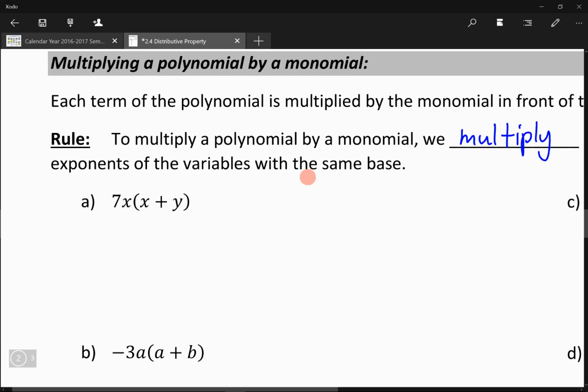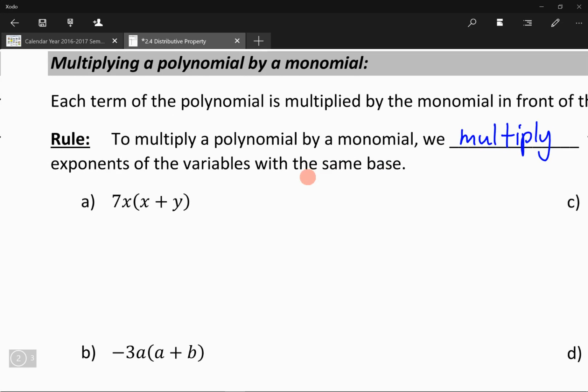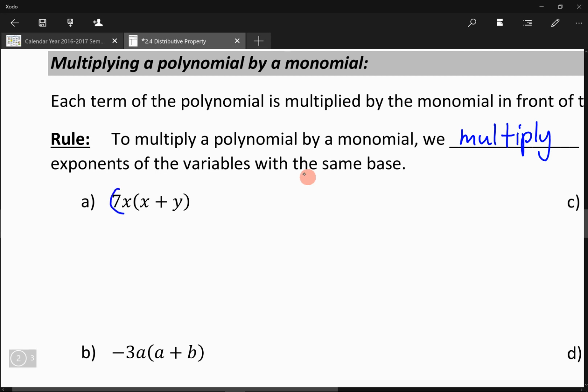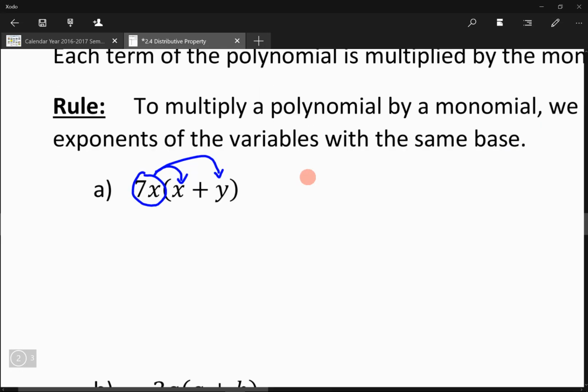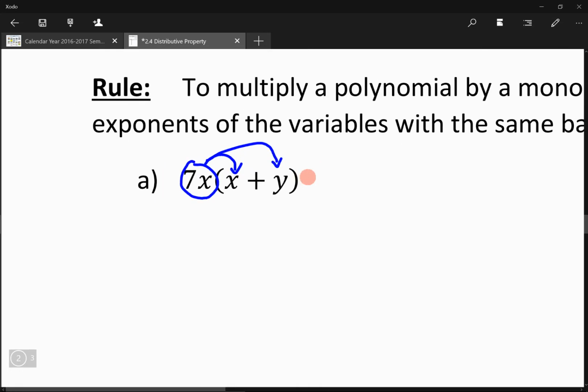Okay, so let's look at the first one. Here I have 7x times x plus y. So all you're doing is you're taking this monomial and multiplying it with every term on the inside. Okay, so what you have here is 7x times what you have inside x plus 7x times y.